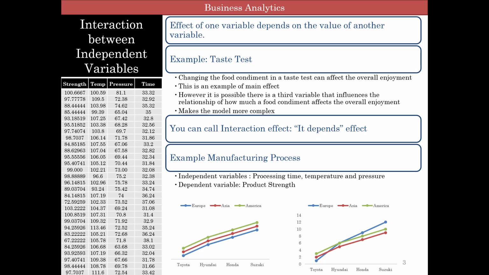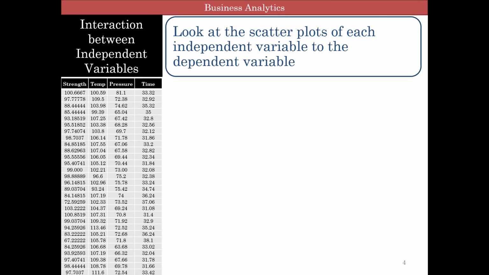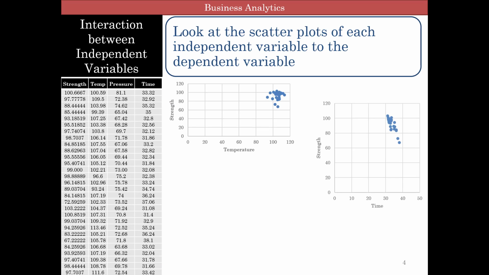So let's take a look at the scatter plots of these variables. If you look at the data, here is the relationship between temperature and strength. Now, it looks like there's this big blob here for temperature. It doesn't really give us any linear relationship there. With respect to time, it does look like the more the time, there's a sharp decline in strength.